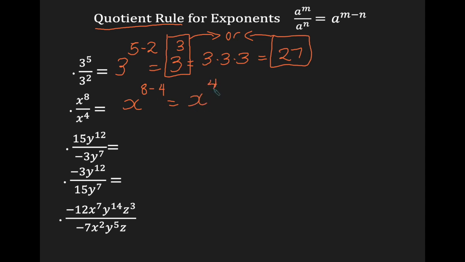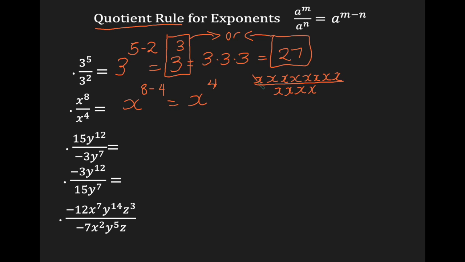Now, some of you are wondering, how did the mathematicians come up with subtracting the exponents? Now, x to the 8th is actually 8 x's. So that's x times x times x times x times x times x. How much do we have? 1, 2, 3, 4, 5, 6, 7. One more, 8. So x to the 8th means I need to write that the x is multiplying itself 8 times, and then I'm dividing by x to the 4th, which is x times x times x times x.